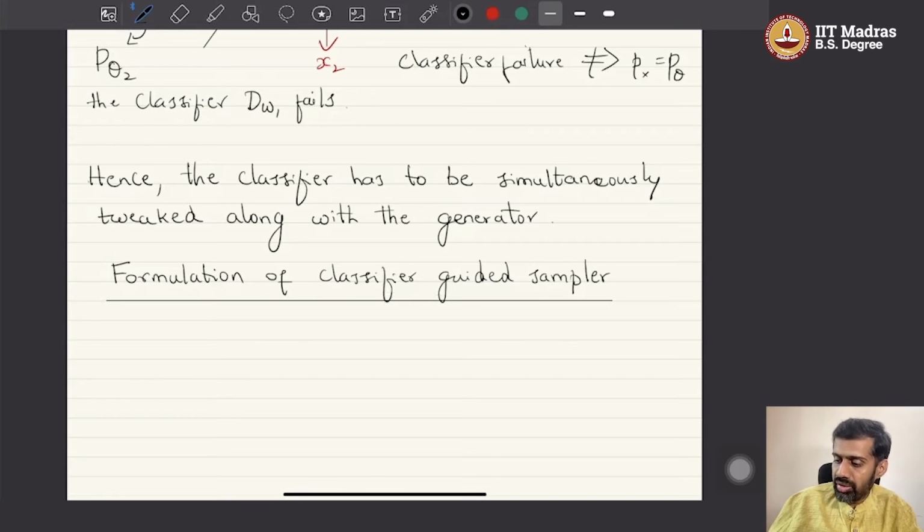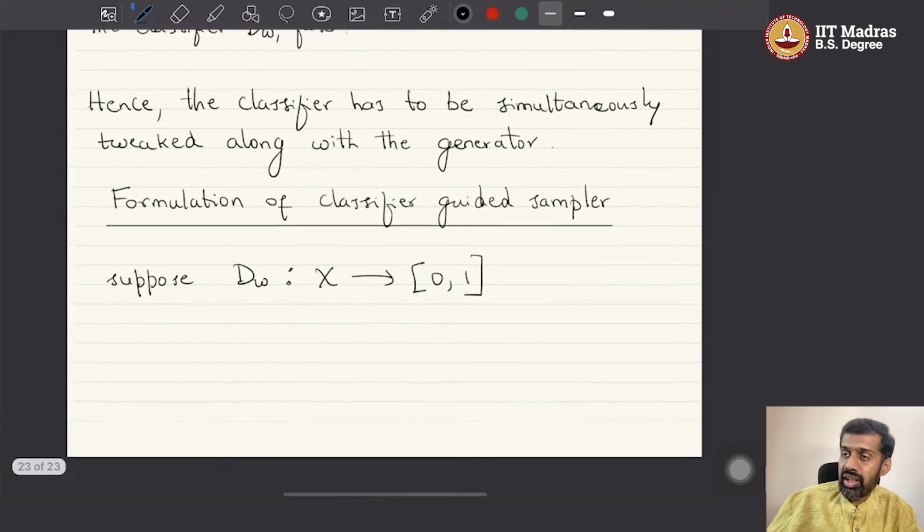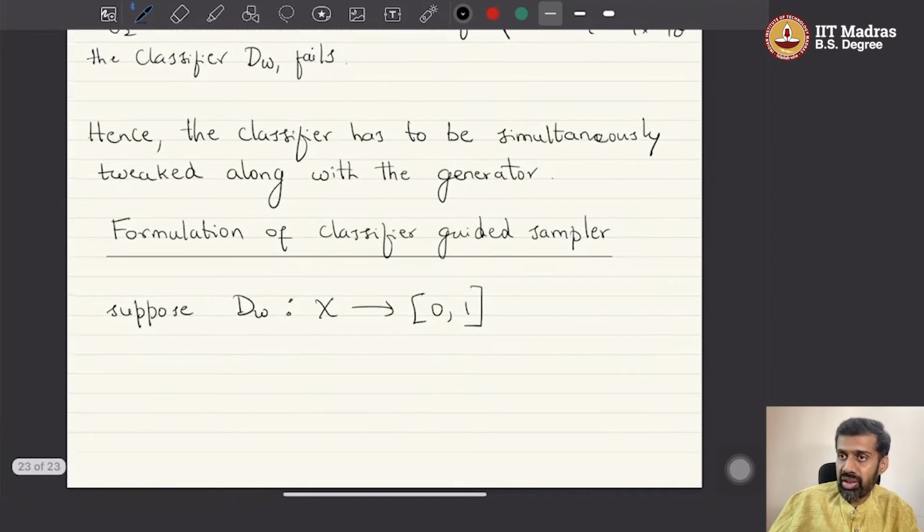Now suppose dw, as I said, is a classifier. It's a function that would take samples from x and maps it to 0 and 1, so it can give a real number between 0 and 1.